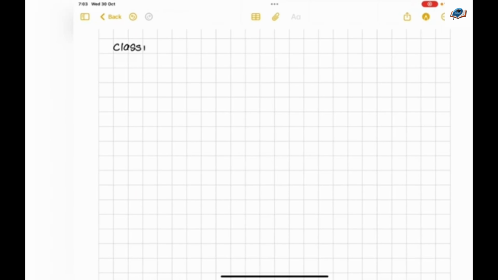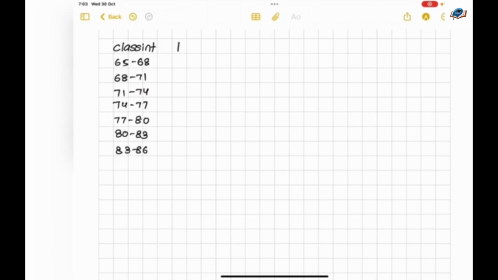So class interval, that is 65 to 68, 68 to 71, 71 to 74, 74 to 77, 77 to 80, 80 to 83, and 83 to 86. Now fi given are 2, 4, 3, 8, 7, 4, and 2.